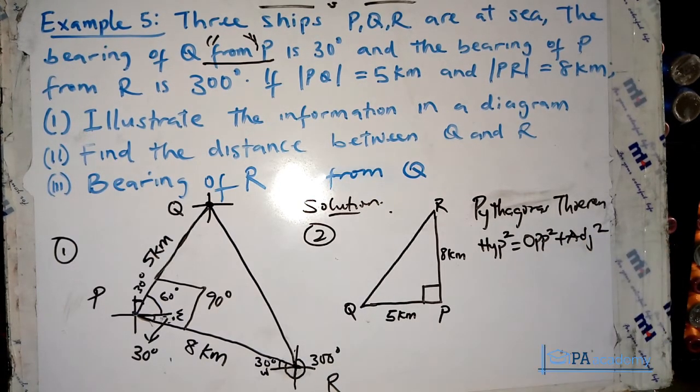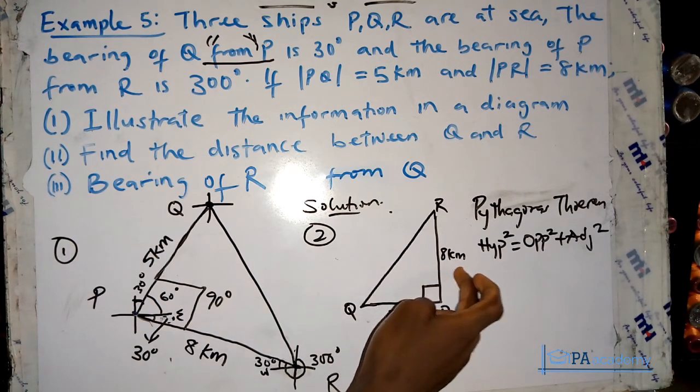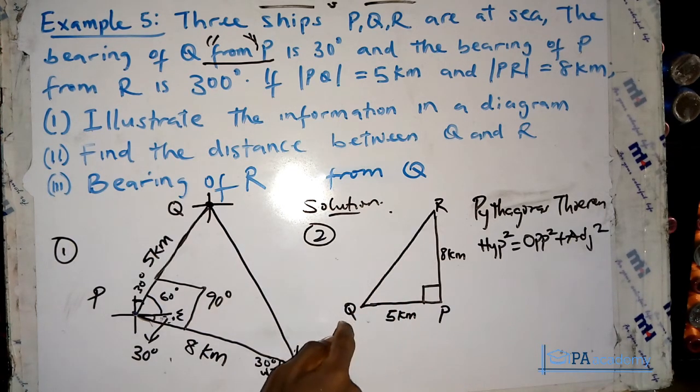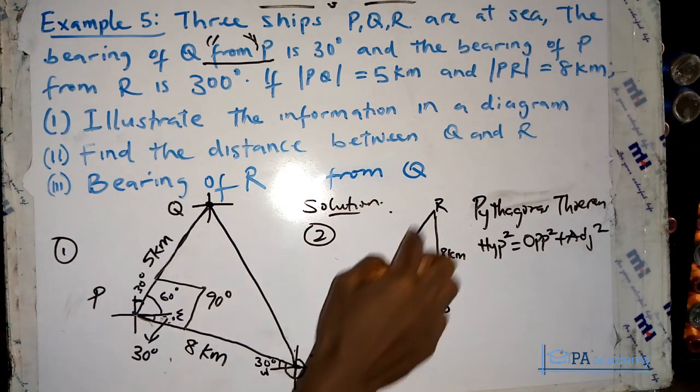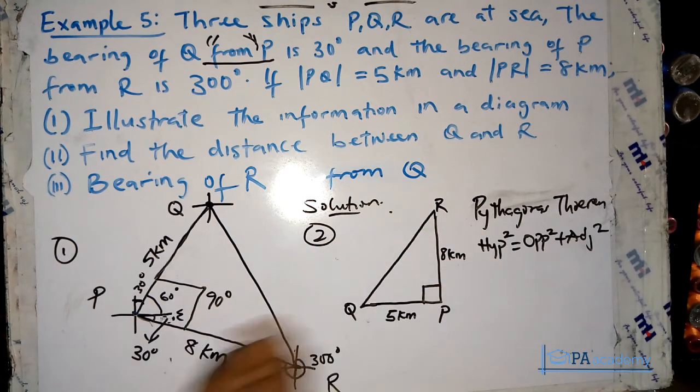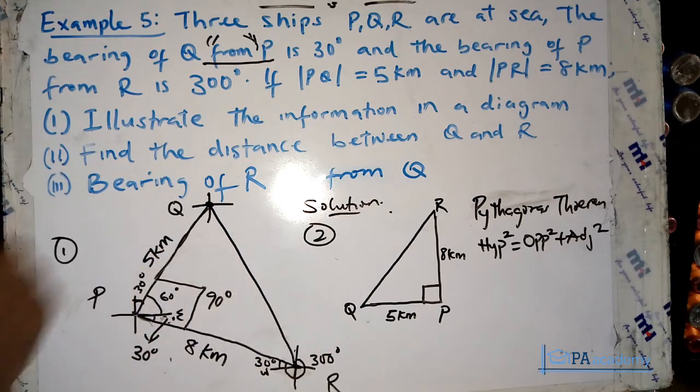If you look at this diagram, this is the adjacent, this is the opposite, and this is the hypotenuse, which is QR. So we can easily use the Pythagoras theorem to solve question 2, which is the distance between QR.